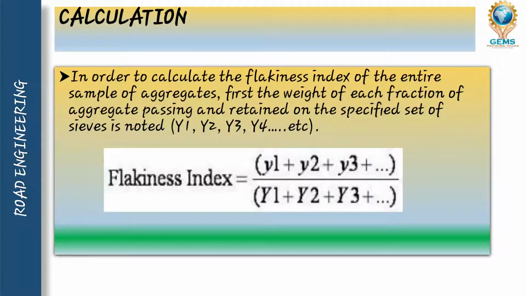This formula is used for calculating the flakiness index, by taking the weight of the passing aggregate on one side and the total aggregate on the other side. According to the size, you should pass and take the weight, and that will be Y1, Y2, Y3 and Y4. This is how your flakiness index will be calculated.